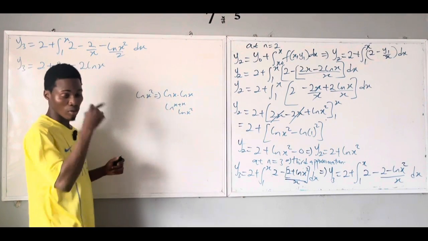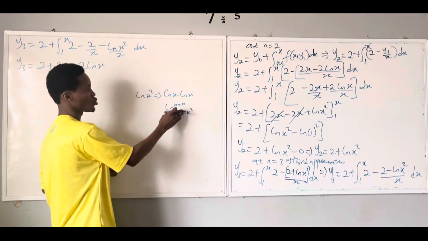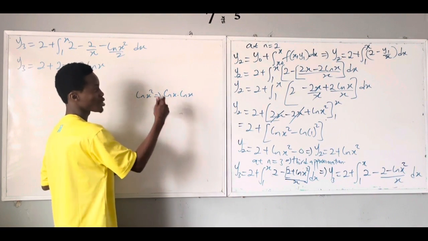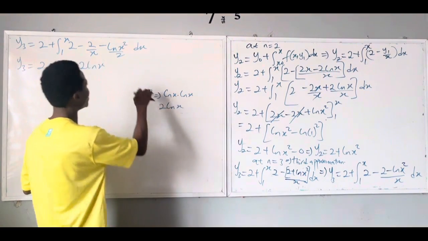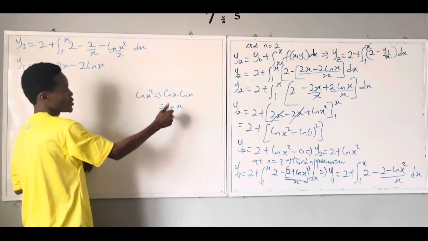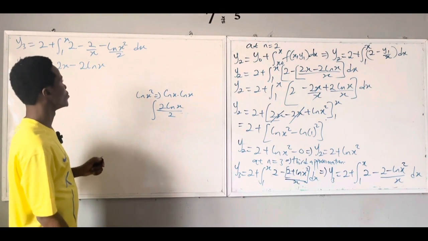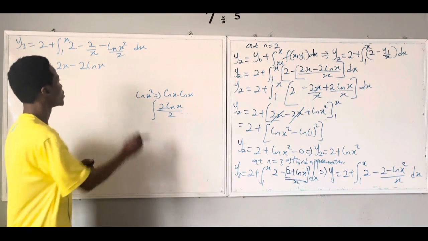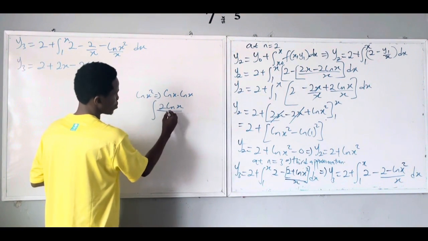In laws of logarithm, times turns to plus, division turns to minus. So I can write this one as plus. That's ln s plus ln s. I'm going to have 2 ln s, so ln s square represents 2 ln s all over 2. I can integrate. We don't have over s, sorry, over s.